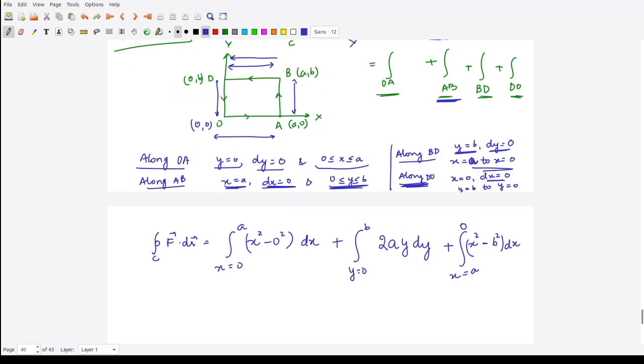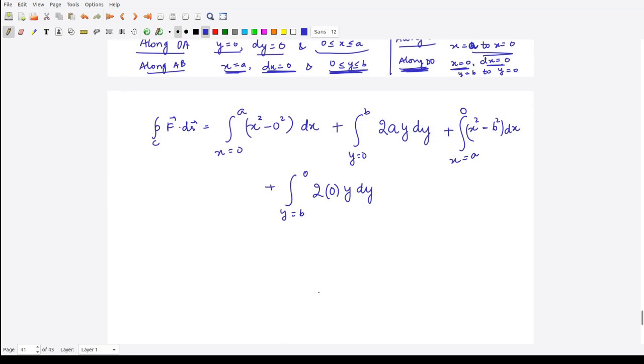Accordingly we will write it here as 2 into x into y. Now x is 0 here, so we have 0 and y and dy, and here the limits of y vary from b to 0. So we have to solve this quantity now.